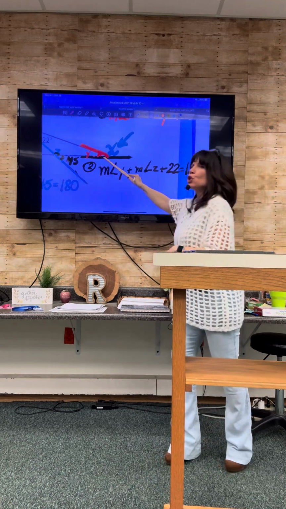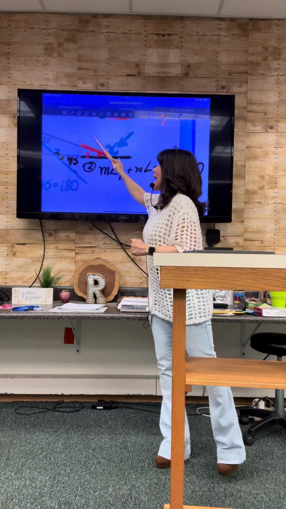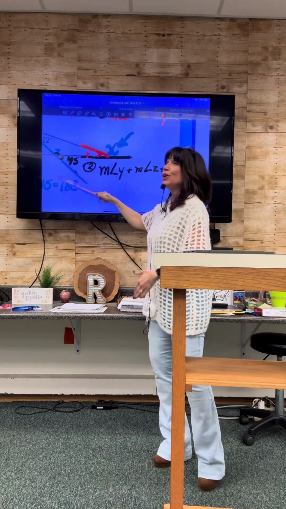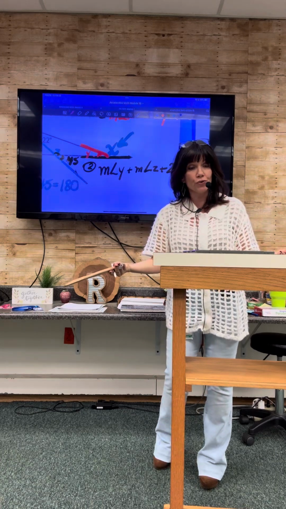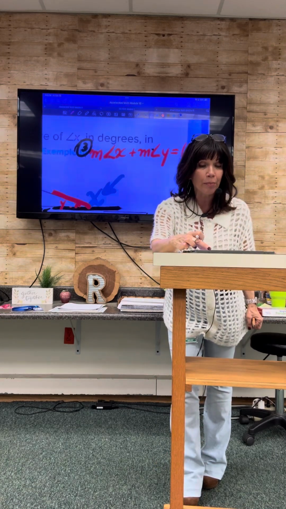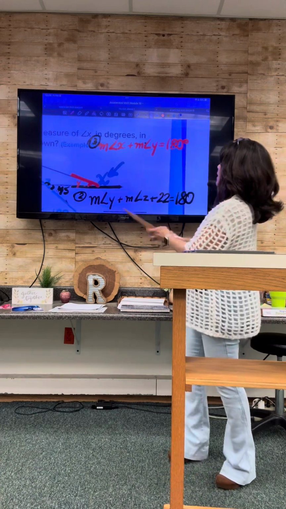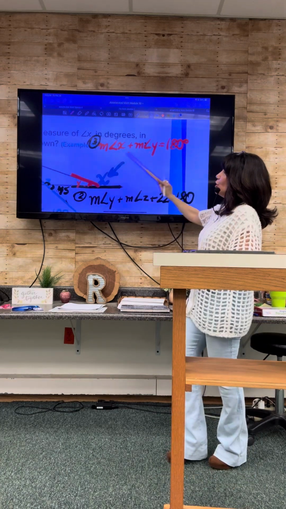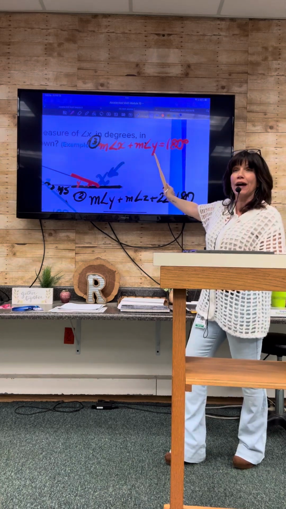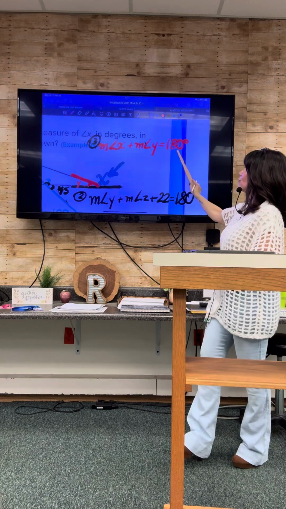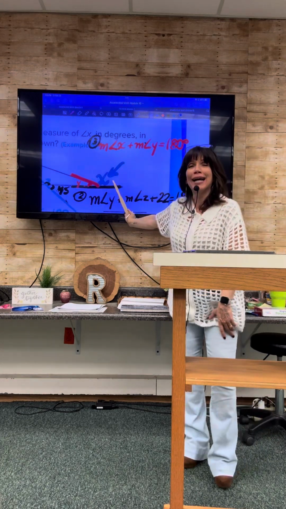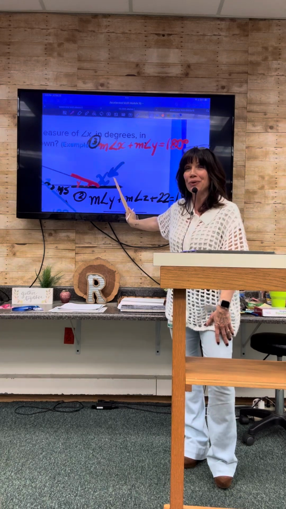Since it's a straight angle, we are going to use them as supplementary angles, and when added together, they would equal 180. That is why we have that last and final third step: once you had found the measure of angle Y, you would say X plus that measure of angle Y would equal 180. You would solve that equation, and would you finally know the value of X?